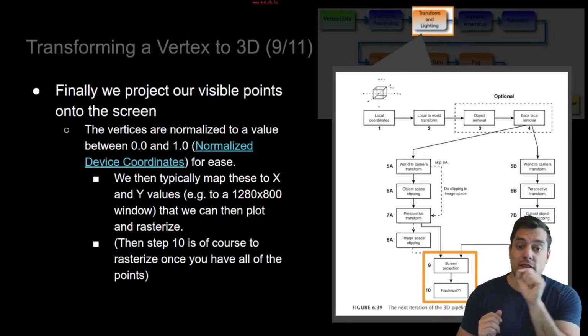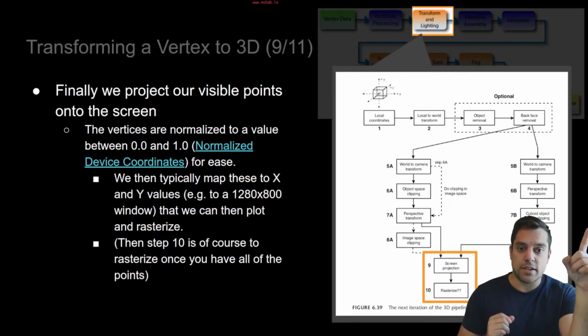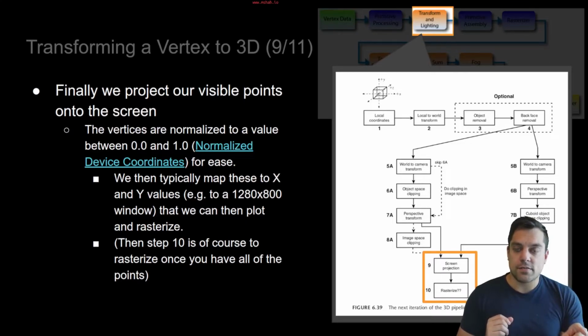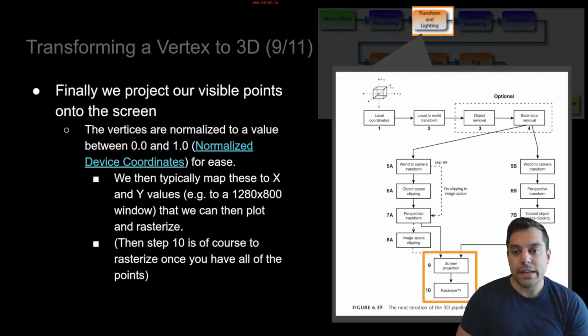So it's between 0.0 and 1.0. Maybe the top left corner of your screen is 0.0. Slide over here, that's 1.0, and slide down here, this is 1.0, 1.0, whatever. There's some normalized system where that could actually be flipped, where 0.0 is the bottom left corner and the top right corner is 1.1.